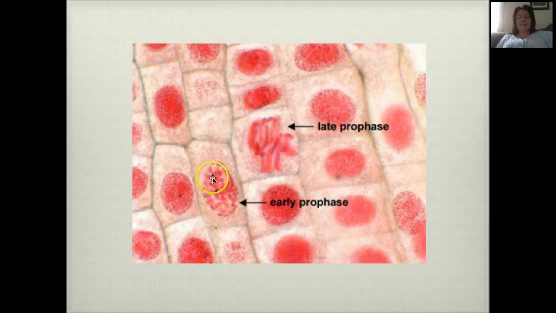It's got condensed chromosomes. We can see them. And even though we can't see it, the spindle fibers are forming out here somewhere. This one is now prometaphase because, as you can see, the chromosomes are no longer tucked into a nice oval nuclear envelope. They've been released. The spindle fibers are all in place. We just can't see them.